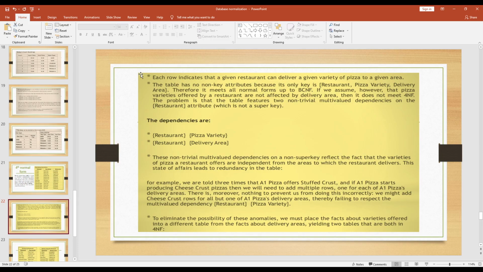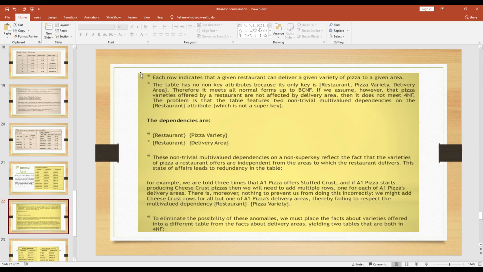There is moreover nothing to prevent us from doing this incorrectly. We might add cheese crust rows for all but one of A1 Pizza's delivery areas, thereby failing to respect the multi-valued dependency restaurant to pizza variety.